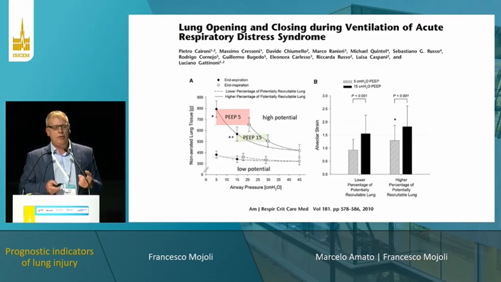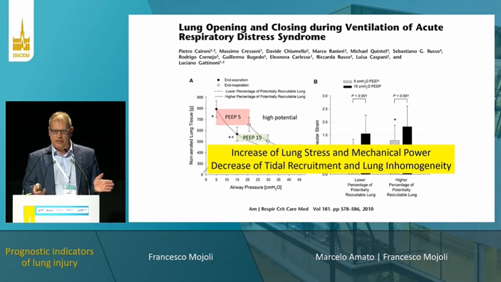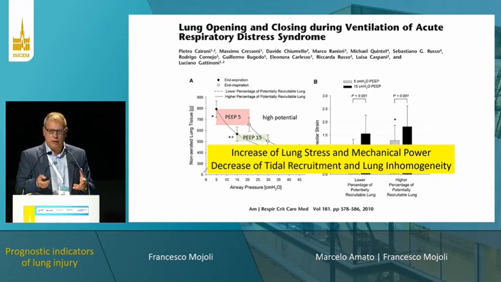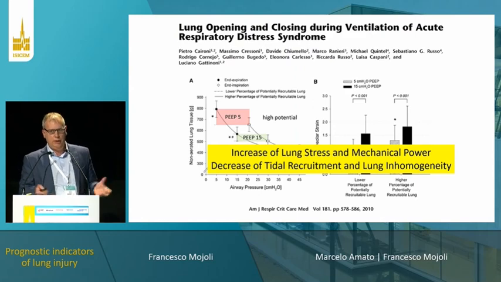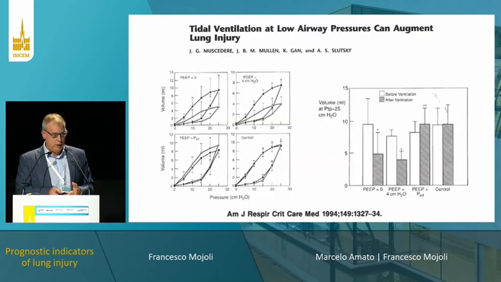So in this case, we pay the same side effect, an increase of lung stress and mechanical power, but we have also a decrease of tidal recruitment, and why not lung inhomogeneity? And John explained how important and dangerous lung inhomogeneity is. So the net effect in this case could be in favor of a higher PEEP.